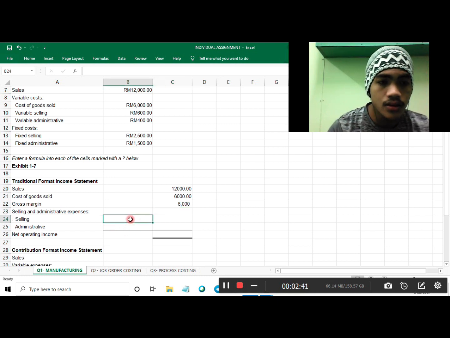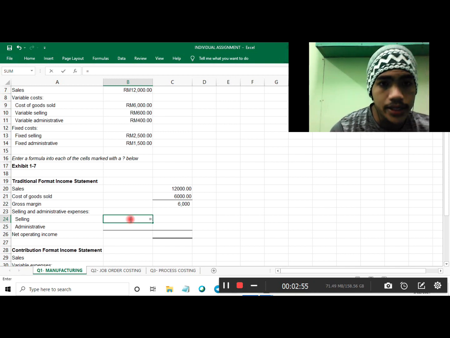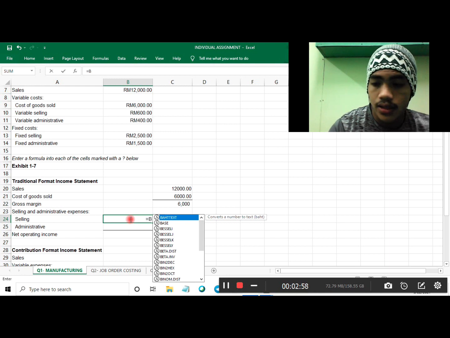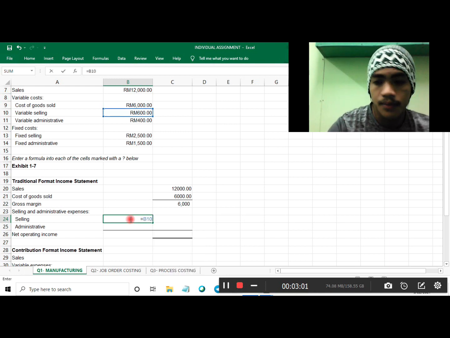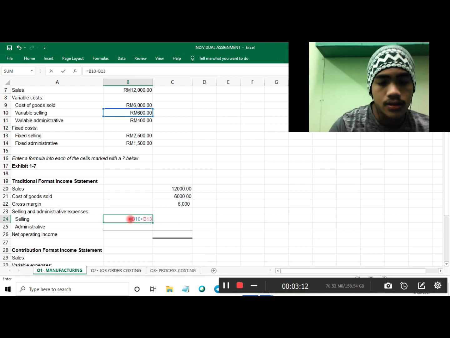For selling, we need to combine our variable and fixed. So equal B10, selling, 600 plus B12, fixed selling.